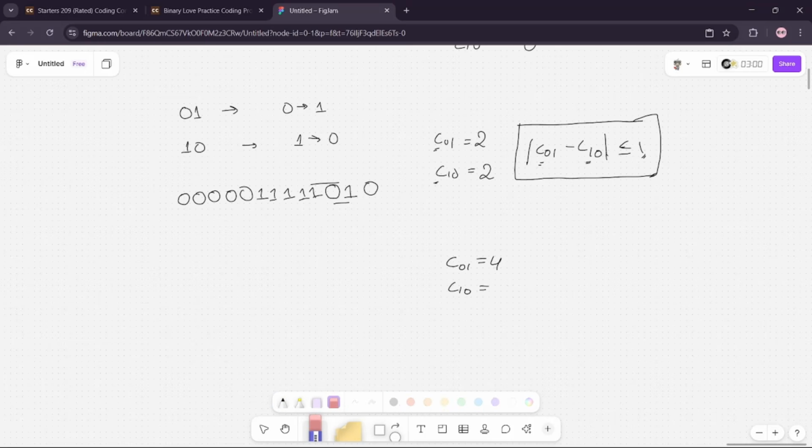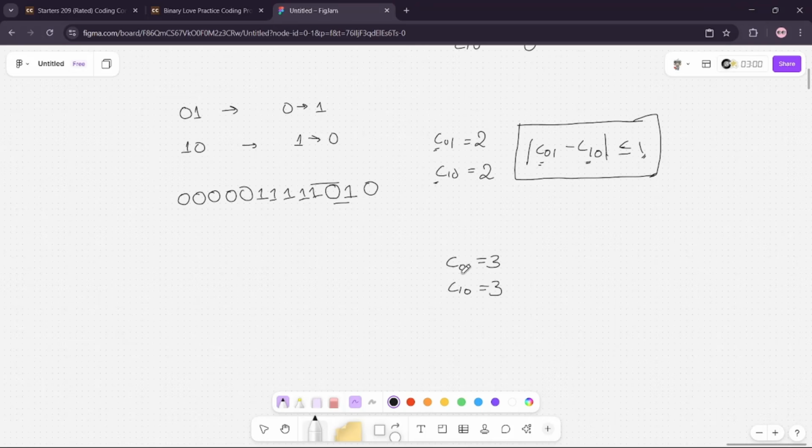That means C10 can never get decreased from 3 because it would create a contradiction. So when removing characters from either side, the one that is going to decrease is C01, and they become equal.